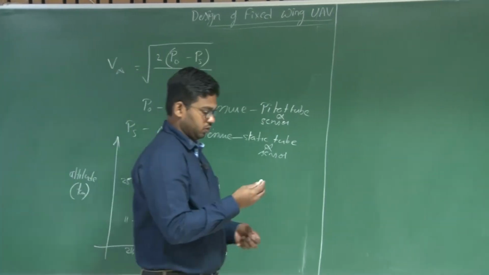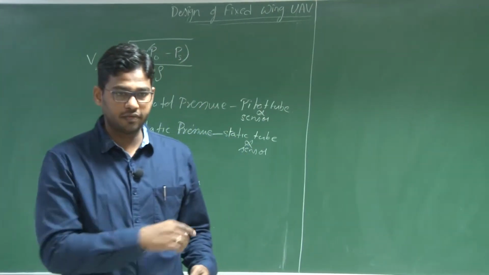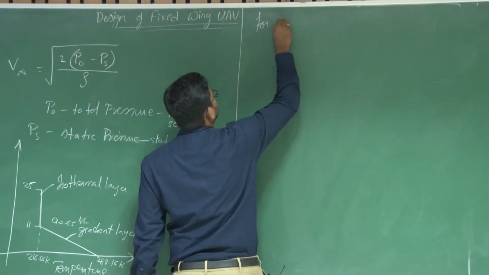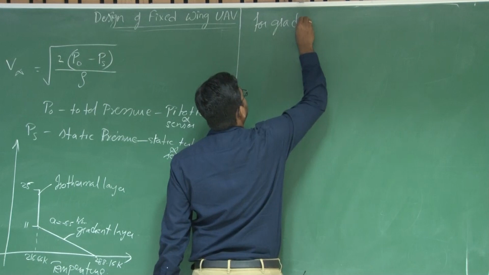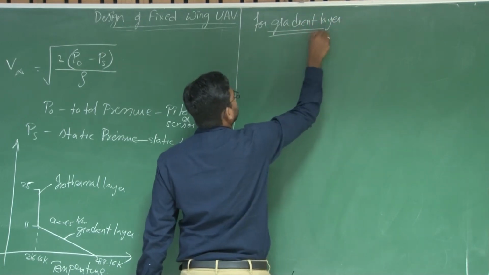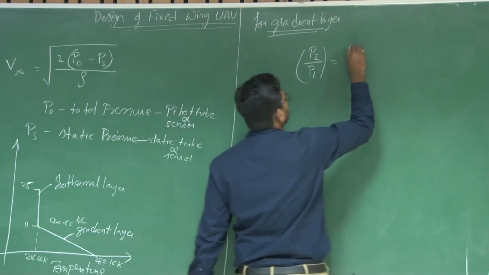So to find out the temperature, pressure and density at different altitudes, for the gradient layer we can use these equations or relationships.